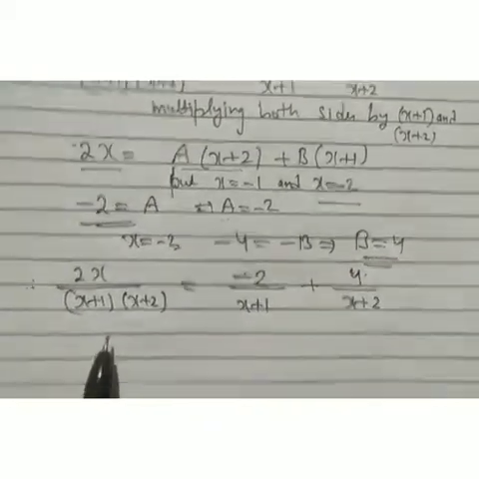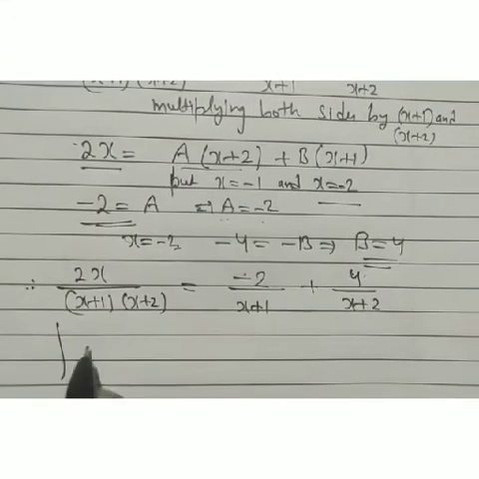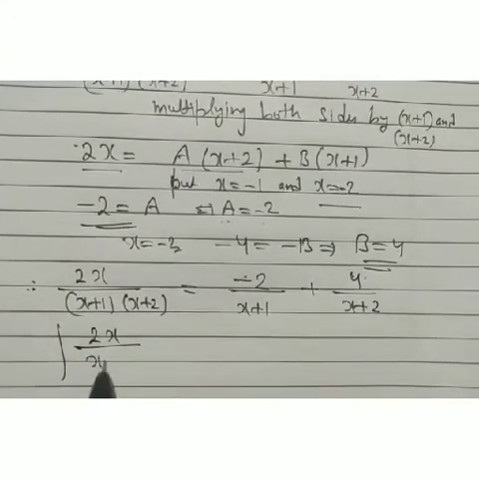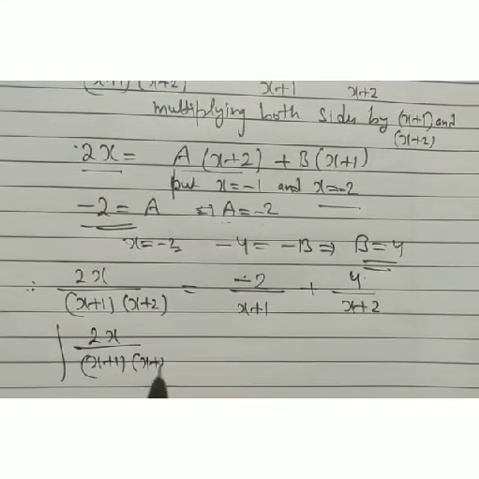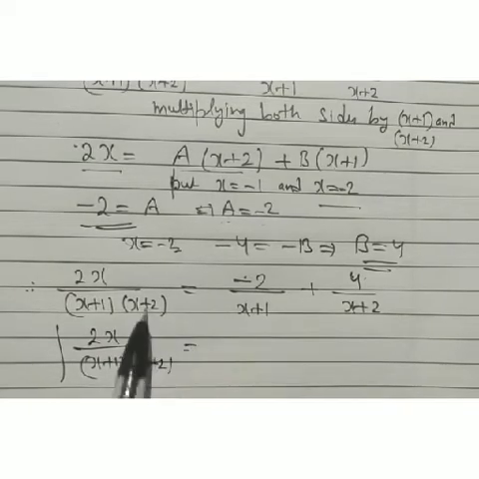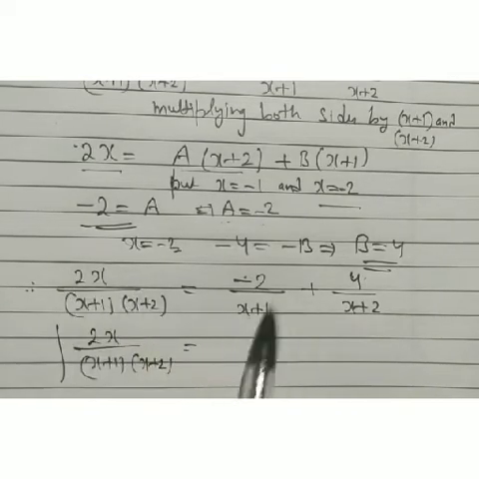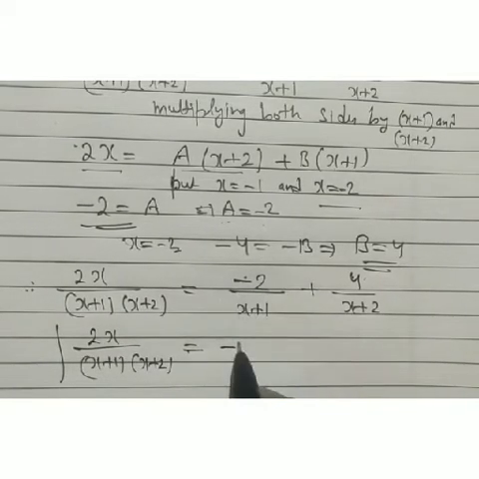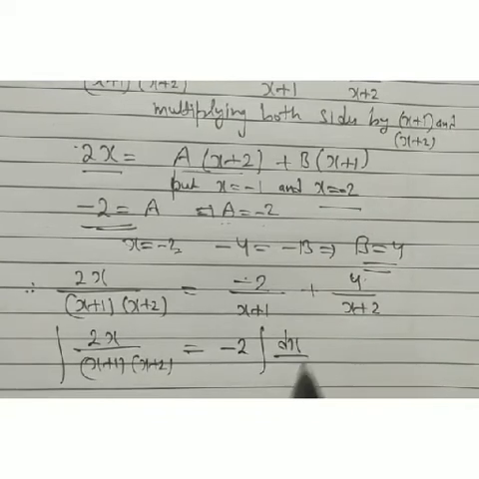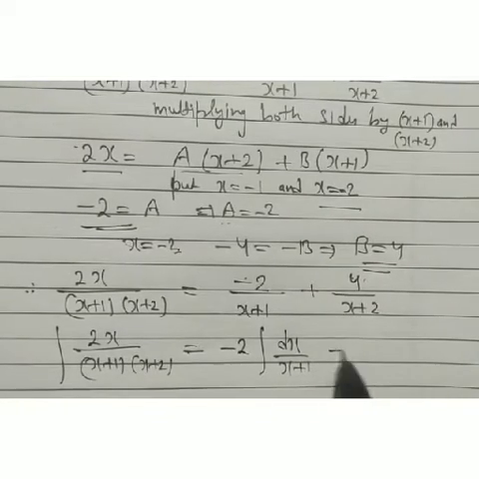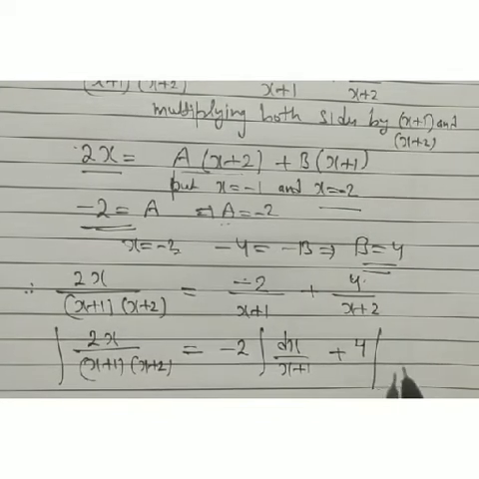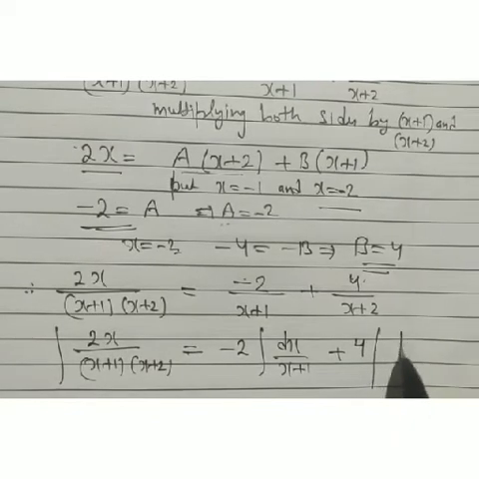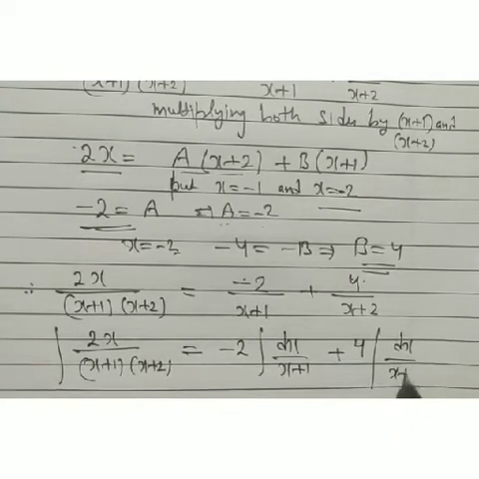Then what do we do? Now take the integration of 2x over (x plus 1)(x plus 2). Now we have expressed our rational function as a sum of simple rational forms. Then take the individual integrals: take out -2 as a common factor, then dx upon x plus 1, plus take out the constant 4 from the integral, then we have dx upon x plus 2.